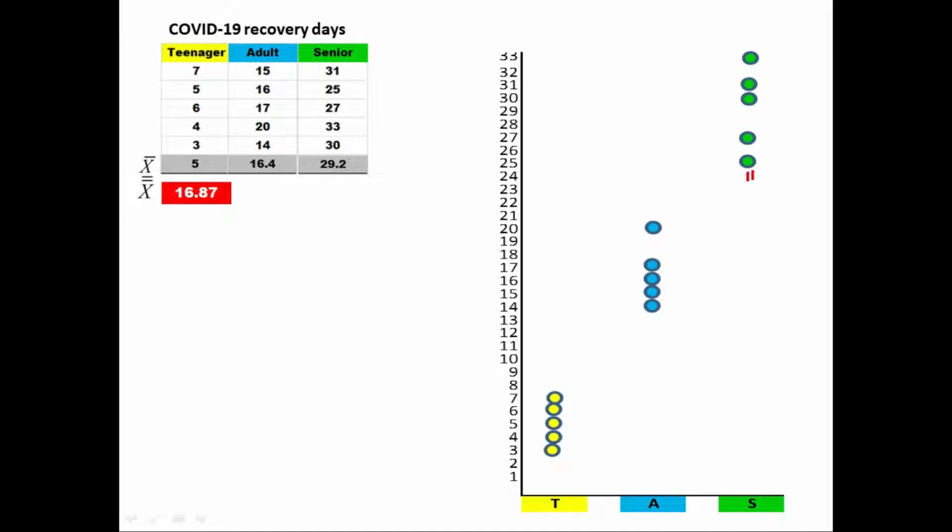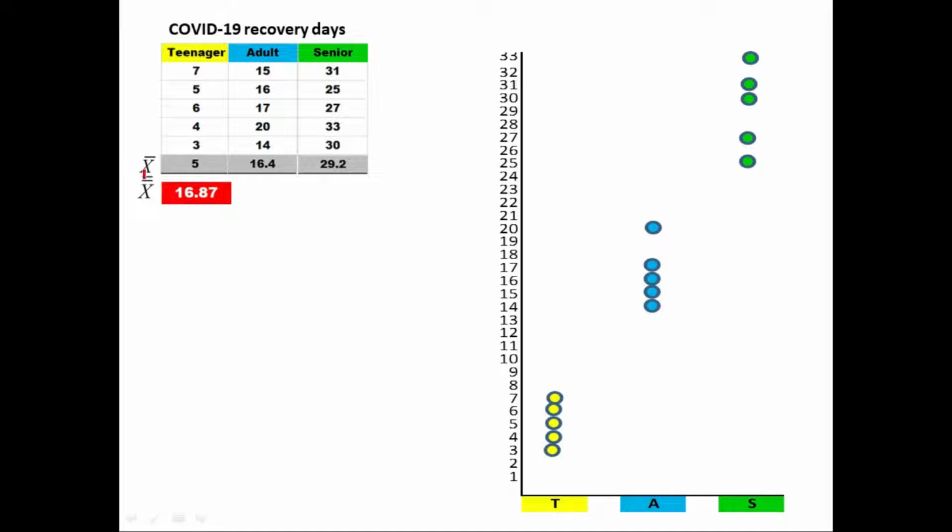Okay, let's say here this is the data, the first data for teenager 7. This is 7 located here. The second is 5. This is the second data located. The third data 6. Okay, this is the third data located for teenager, and the same goes for every data.